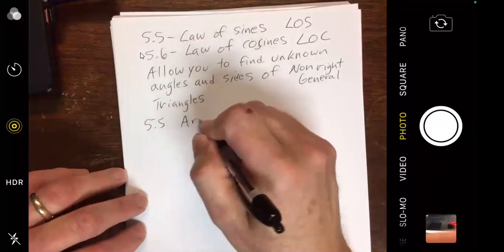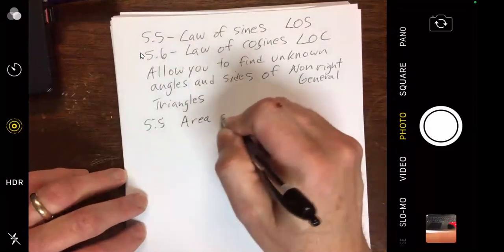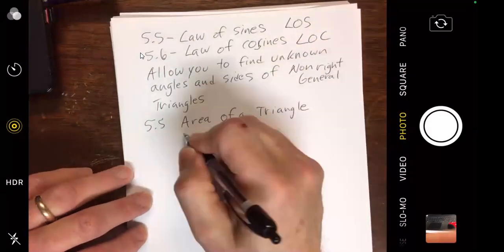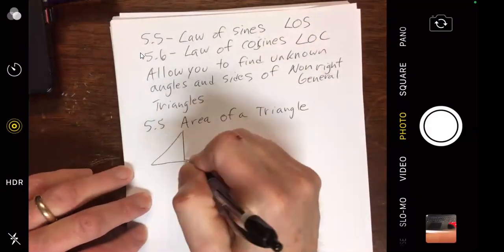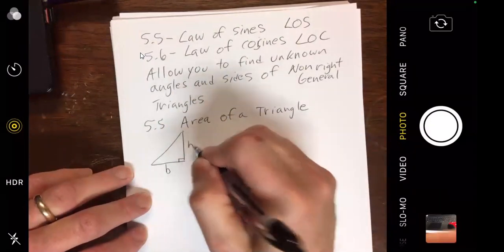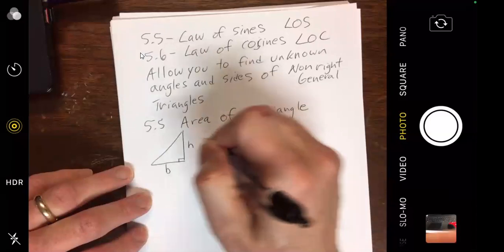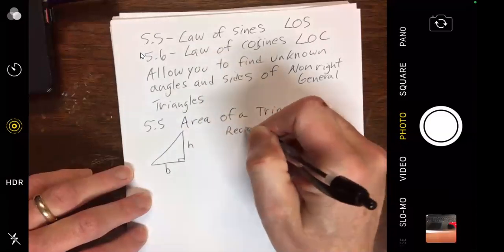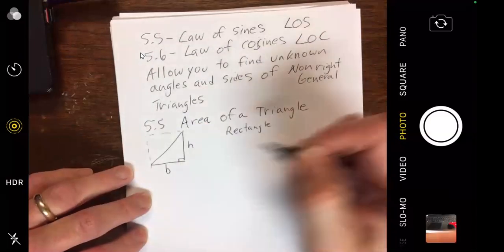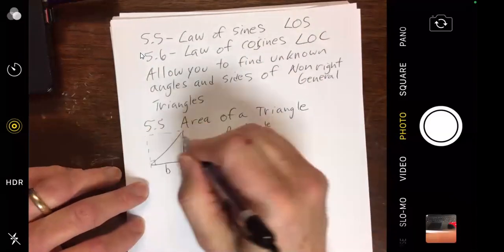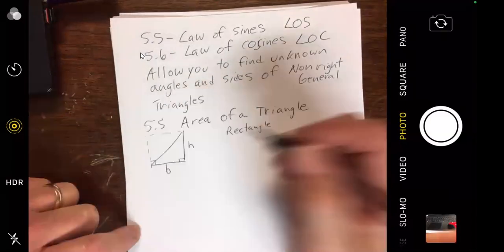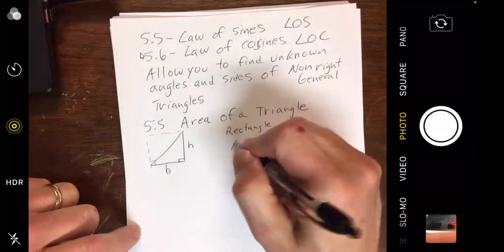It works off the area of a triangle. You may be familiar with calling this the base, this is the height. If you had a rectangle, squared it off, so to speak, made a full rectangle, your area would just be base times height.